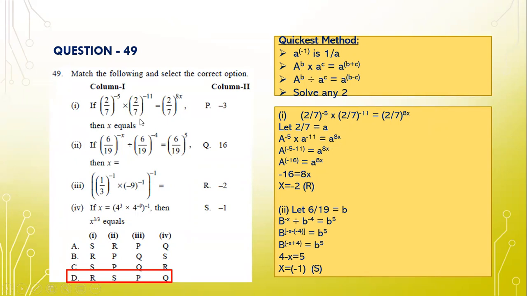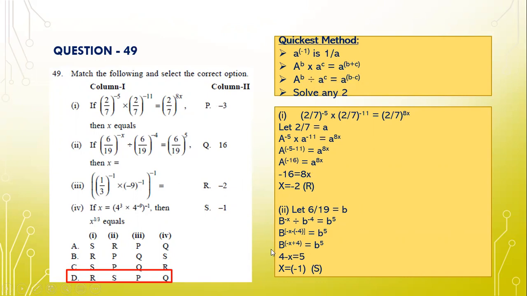And for 2, it is (6/19) raised to minus 6 divided by (6/19) raised to minus 4 is (6/19) raised to 5x. Again, let 6/19 be b. So b raised to minus 6 divided by b raised to minus 4 is b raised to 5. What is a raised to b divided by a raised to c? It is a raised to b minus c.